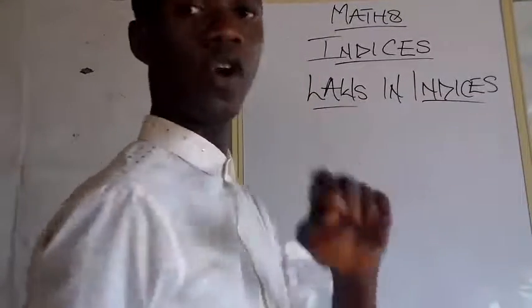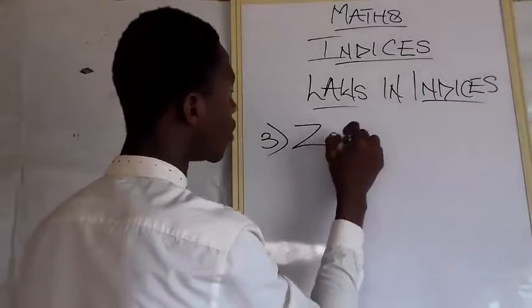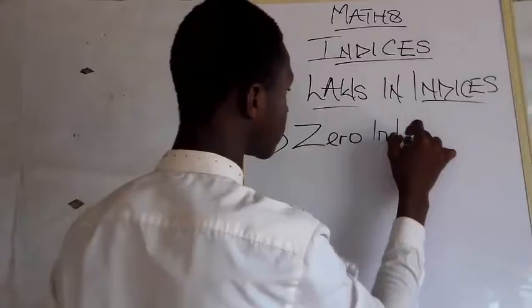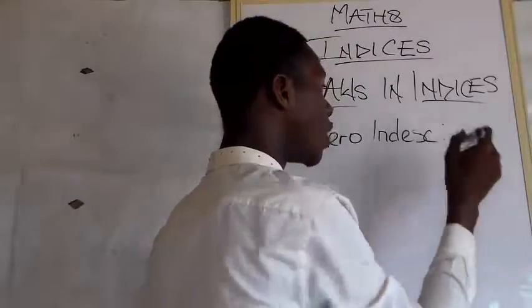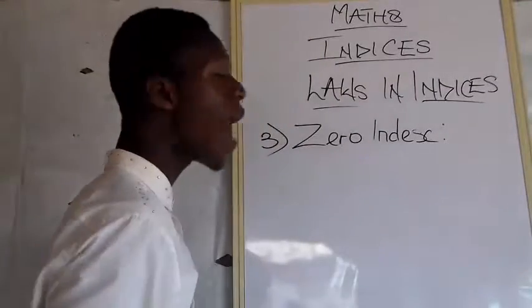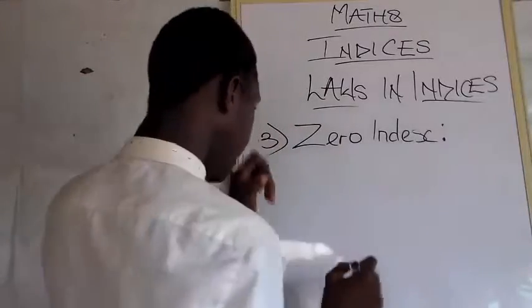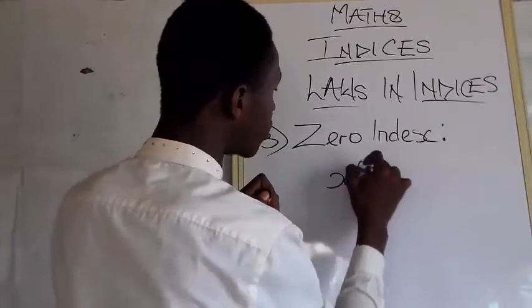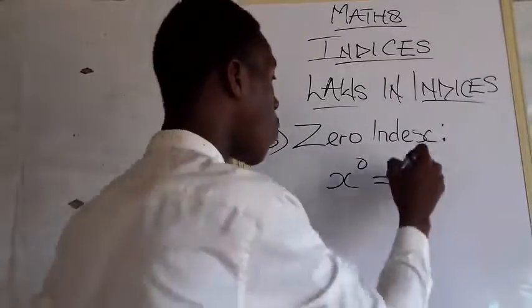Now, the third law in indices is what we have as the zero index. We say this is actually the simplest law in indices. Why? Because when you have something like this, x raised to power 0, your answer is simply 1.